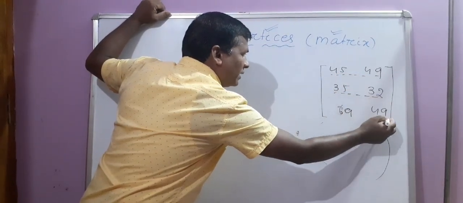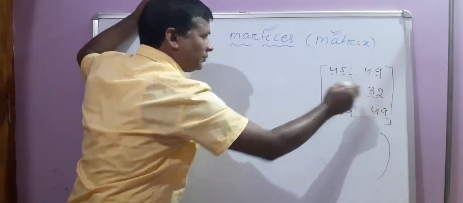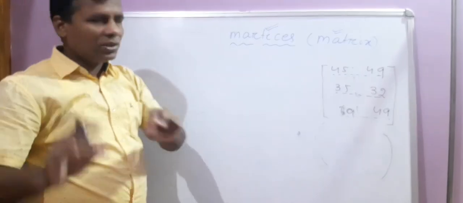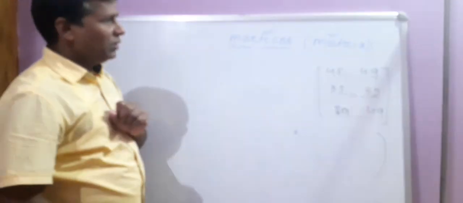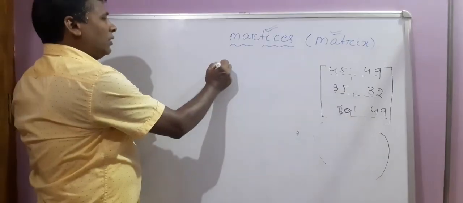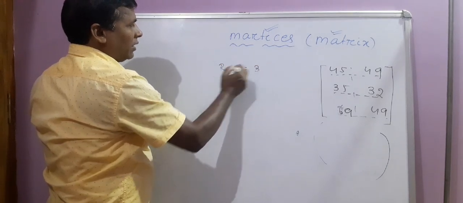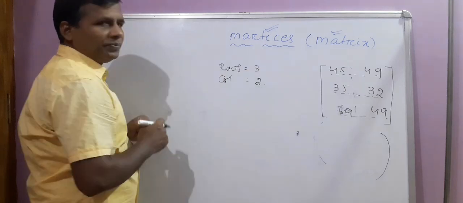There are arrangements in 3 rows and 2 columns. Horizontal lines are known as rows and vertical lines are known as columns. So the rows are 3 and the columns are 2.